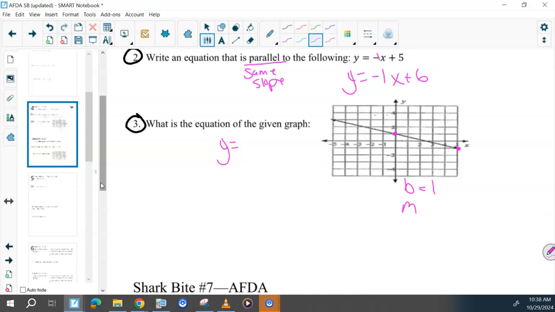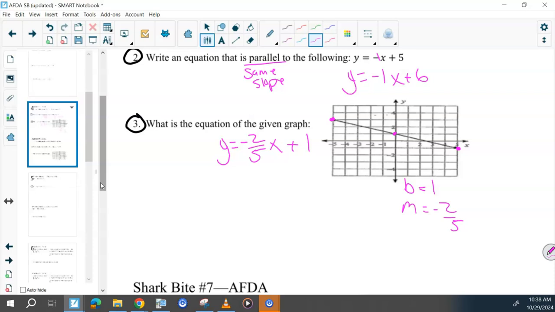So this slope would go down 2 to the right 5. And just to make sure, I'm going to go back the other way, go up 2 and to the left 5. So if I put those two together, y equals negative 2/5 x plus 1 would be my equation.